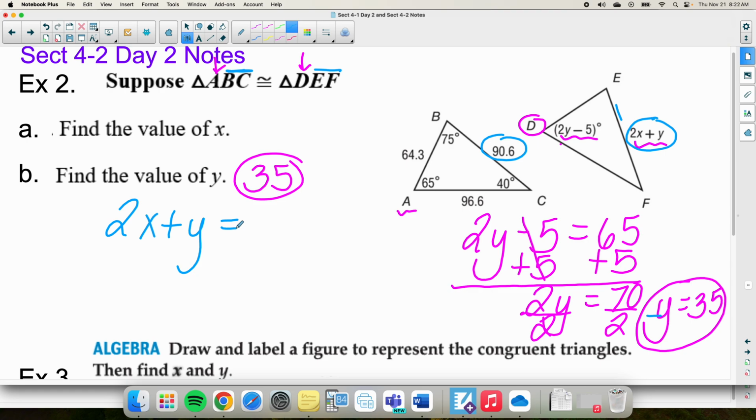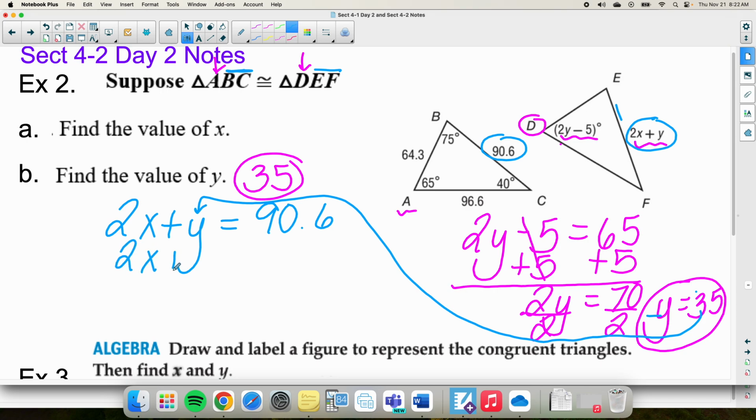So I'm gonna say this is 90.6, and then I'm gonna take my y, which is 35, and substitute it in there, okay? So 2x plus 35 equals 90.6. Then I solve that.